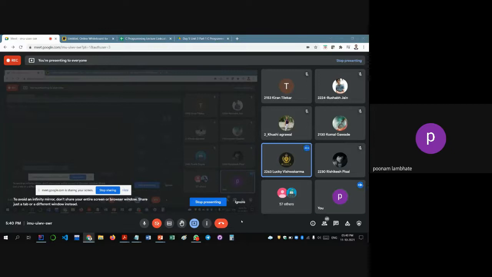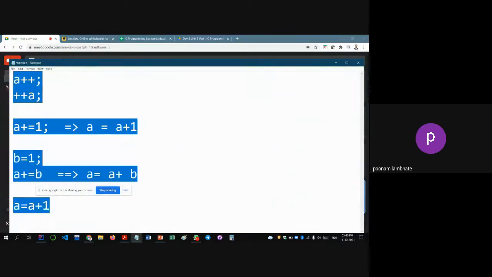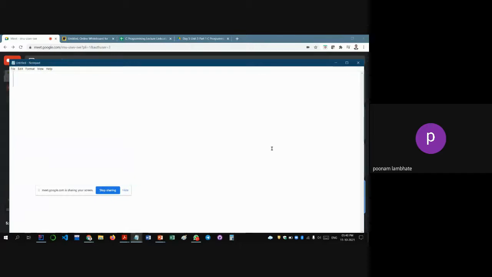So XOR operation says that if A is true or B is true, but not both, then the output is true. Here you have A and B, and suppose you want to write the output of XOR operation. This is the symbol for XOR in programming.